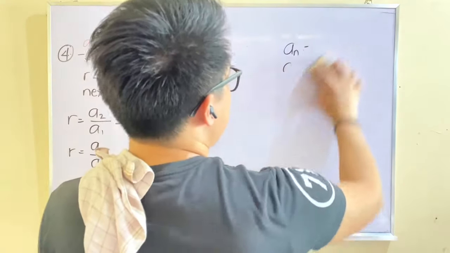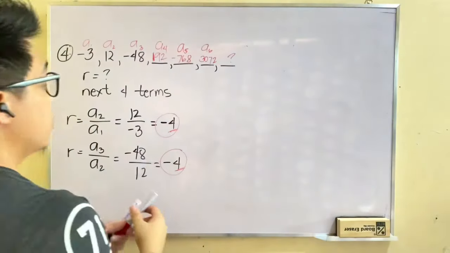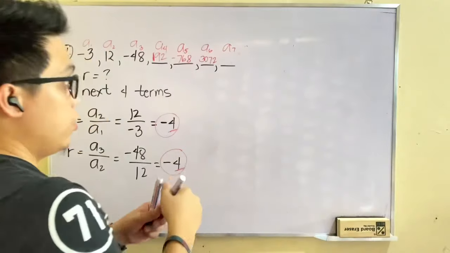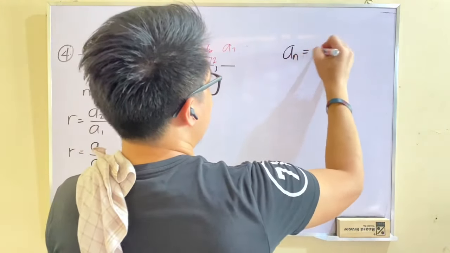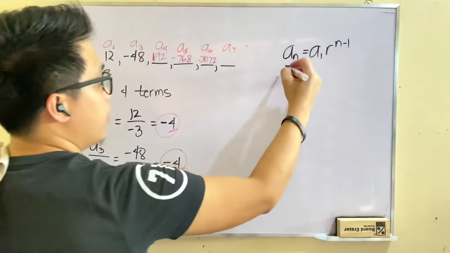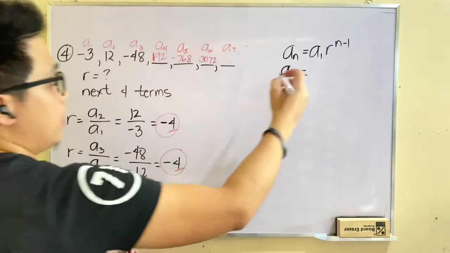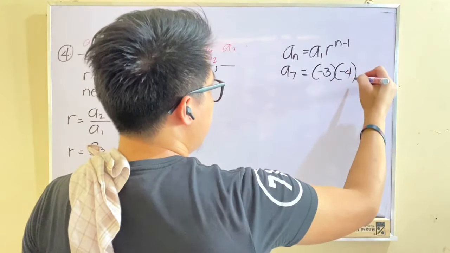Okay. Hanapin naman natin yung last na term na pinapahanap, which is a sub 7. Using the same formula, a sub n is equal to a sub 1 r raised to n minus 1. A sub n, ang hinahanap, a sub 7 equals negative 3, which is our a sub 1, times ratio, negative 4.